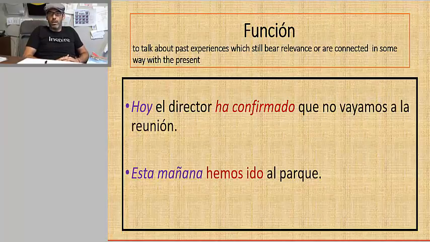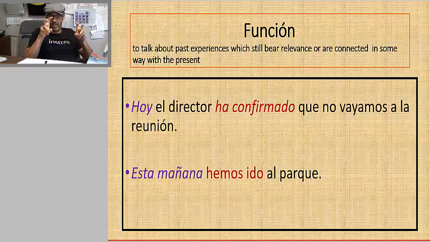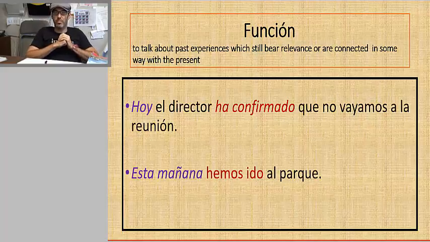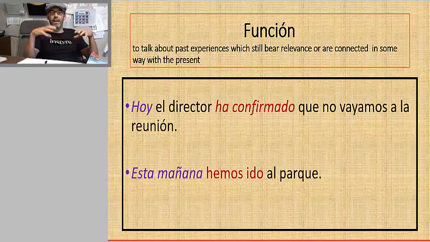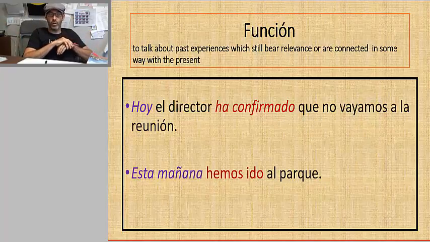So today, our director or president of the company has confirmed that we do not go to the meeting. Esta mañana hemos ido al parque. This morning we have gone to the park. So there are certain key words in here that connect what has happened in the past to the present. And these are in purple, such as hoy or esta mañana.